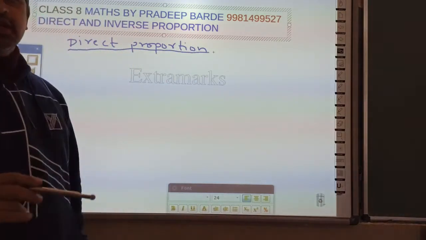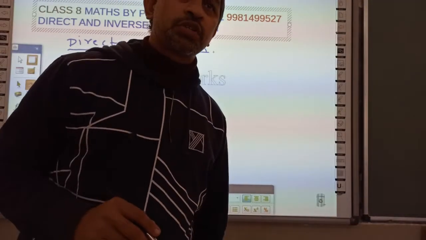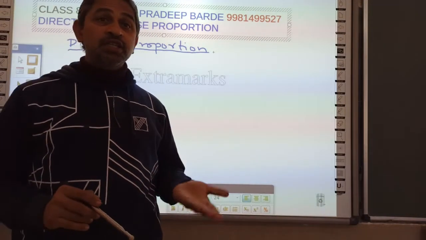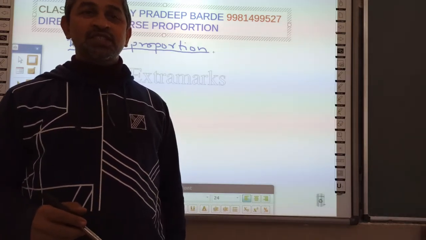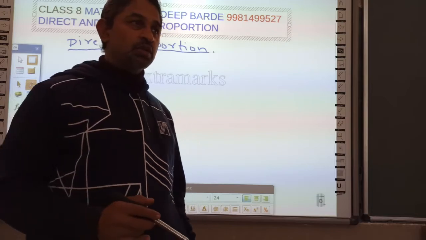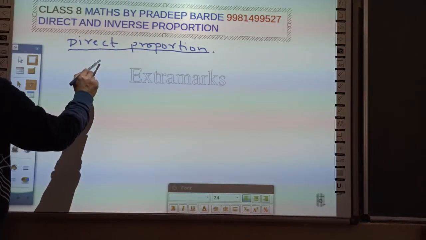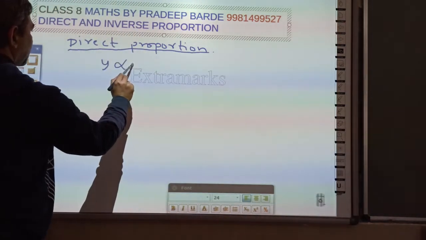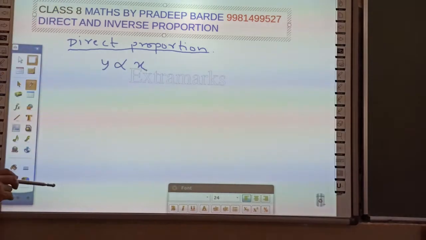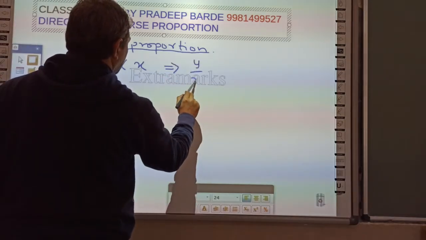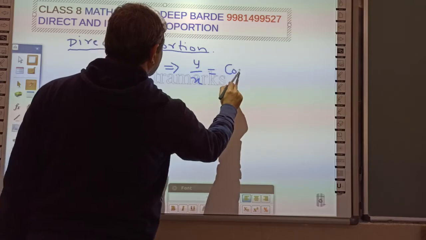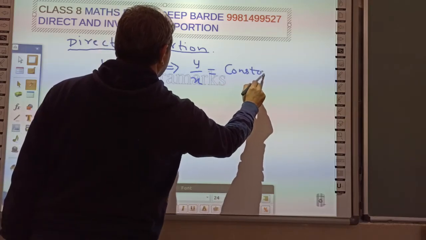Students, we have already learnt that direct proportion means when we increase one quantity, the other quantity increases in the same ratio, and mathematically we write it as if y is directly proportional to x. If y is directly proportional to x, we can say y upon x is always equal to a constant.